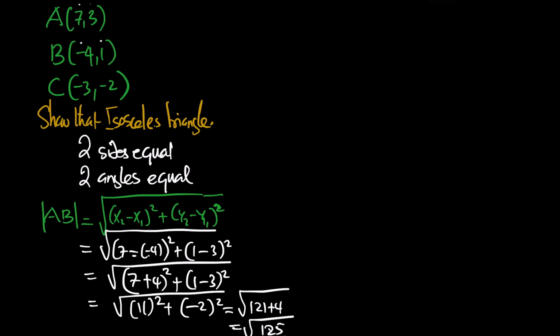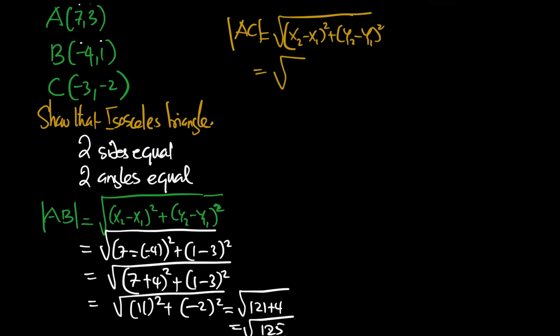Now let's look for the length of AC. It's also the square root of (x2 minus x1) squared plus (y2 minus y1) squared. Our x2 for AC is -3, minus our x1, which is 7, squared, plus y2, which is -3, minus y1, which is 3, squared.